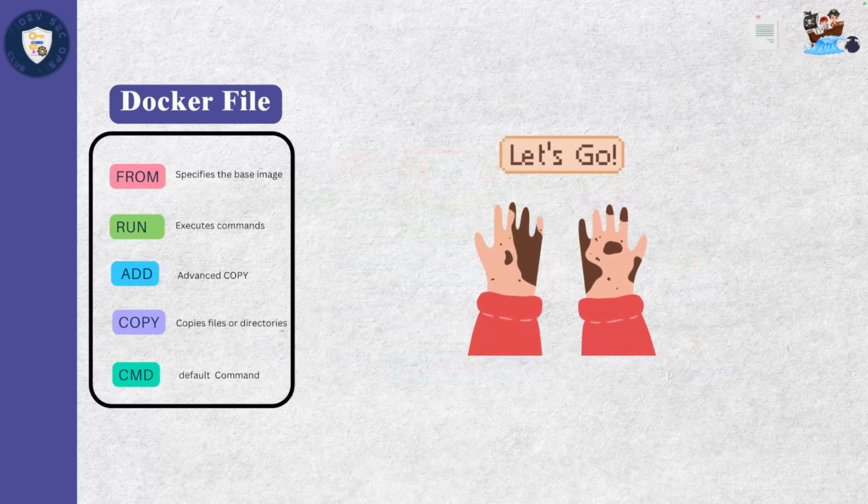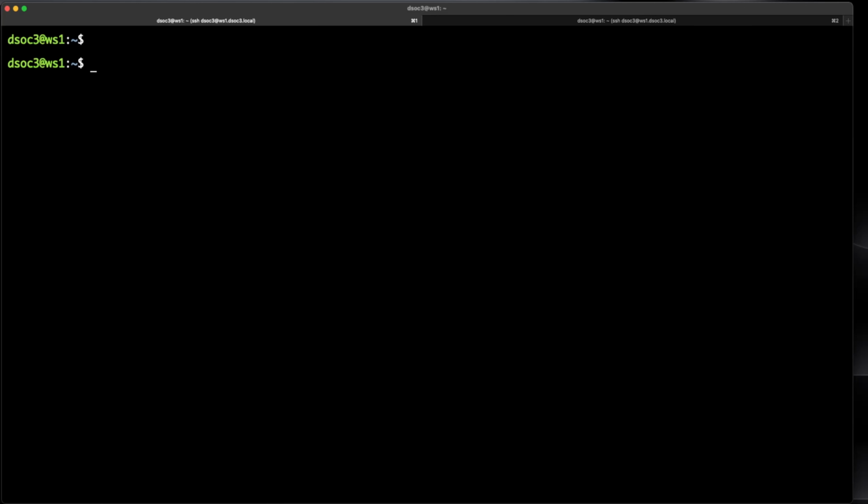So now we are ready to write our own Dockerfiles. Let's hop back to the terminal and start writing our Dockerfile from scratch. So we are at the terminal. In order to write a Dockerfile, by convention, you have to write it as Dockerfile, with a capital D and a small f.